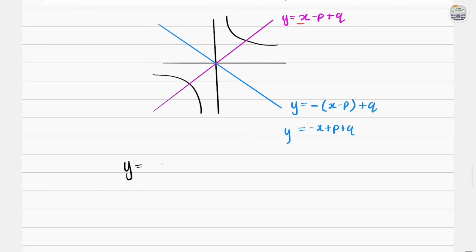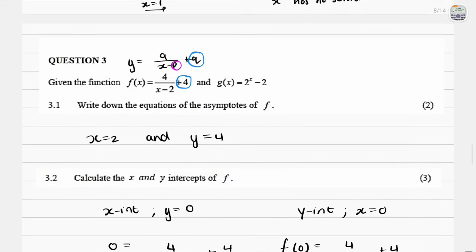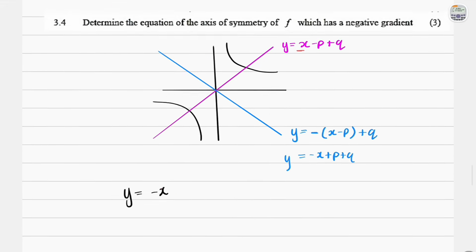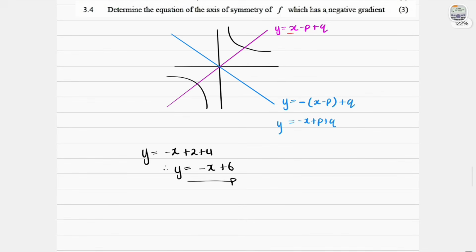So y equals negative x, and what is p? You saw that the value of p is 2 and the value of q is 4. So y equals negative x plus 2 plus 4. And so the equation of that axis of symmetry is y equals negative x plus 6, and that is our answer. Moving on to the next question.